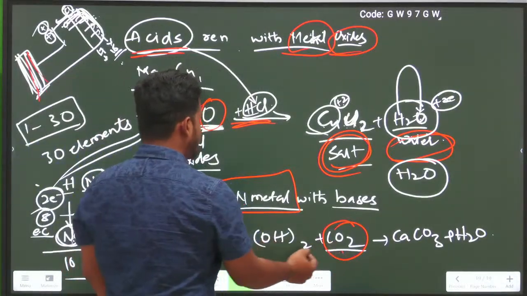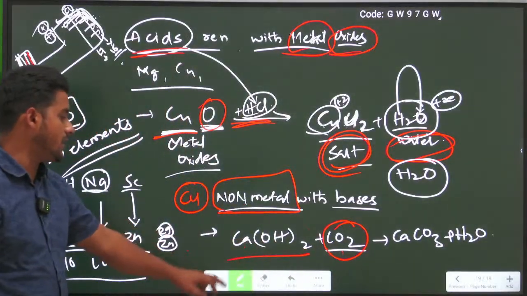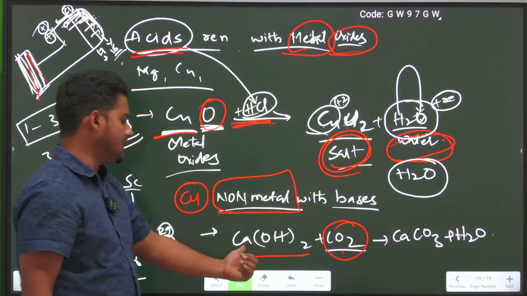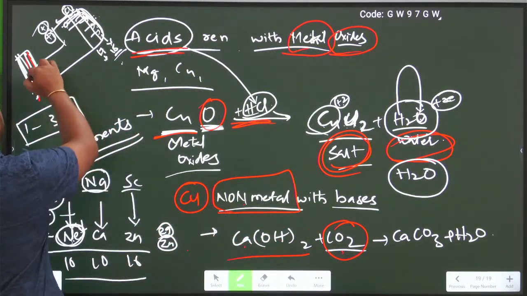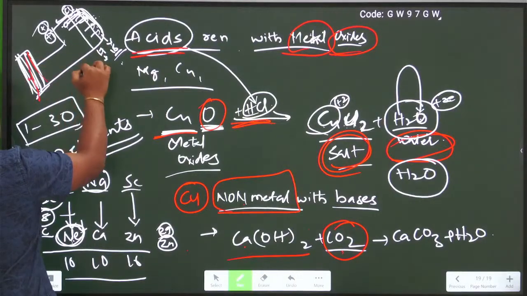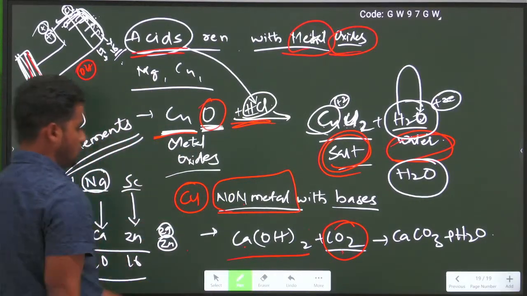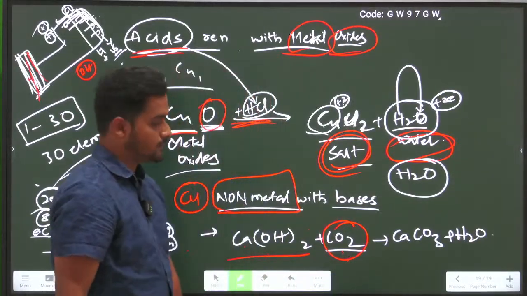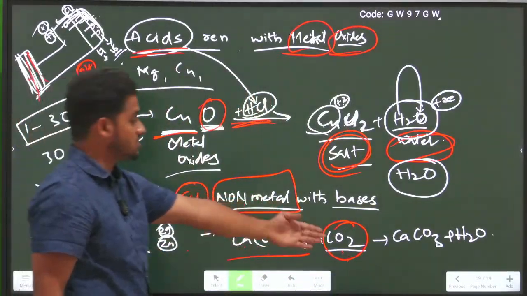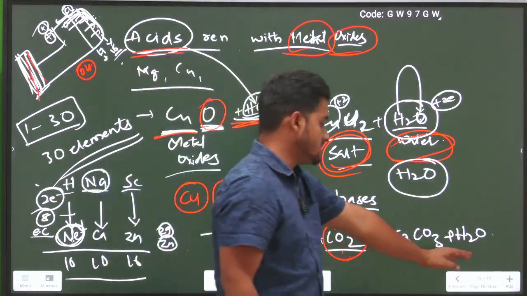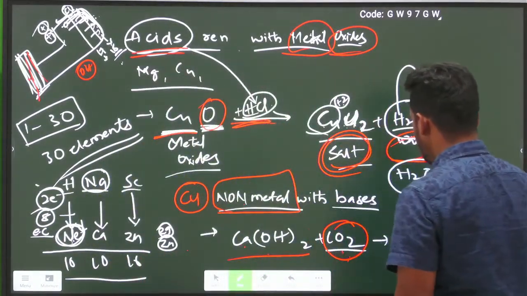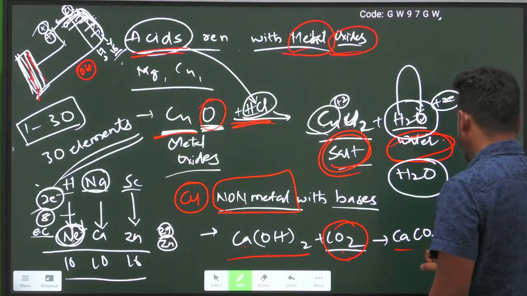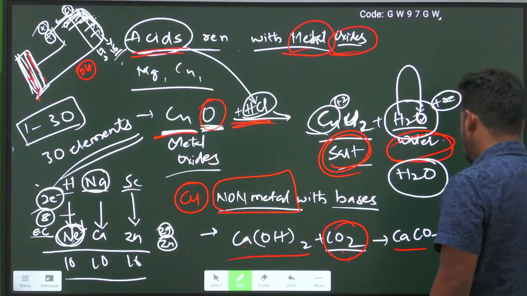When this non-metal reacts with calcium hydroxide, calcium is the metal, and this one with OH forms a base. This base reacts with CO2. This base on reaction with CO2 gives rise to CaCO3 plus H2O. So this is the combination you have to learn, okay.